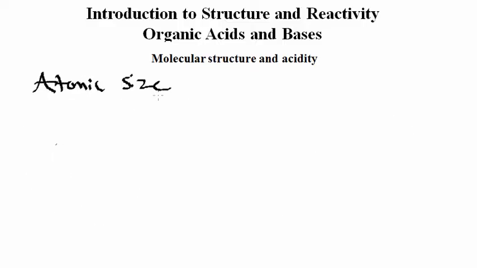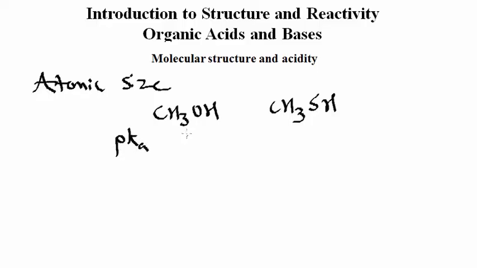Now what about atomic size? To illustrate how the acidity of hydrogen acids varies within a group, or within a column of the periodic table, let's compare the acidities of methanol and methane thiol. We saw previously that the pKa of methanol is about 16. Now let's estimate what the pKa of methane thiol would be.